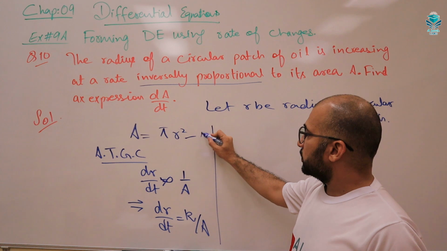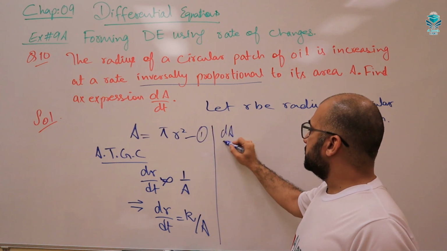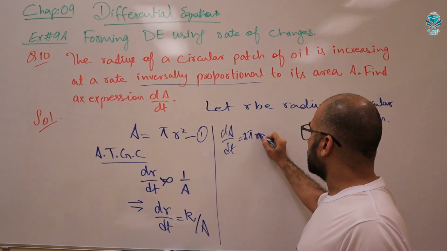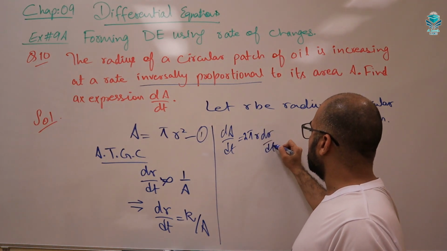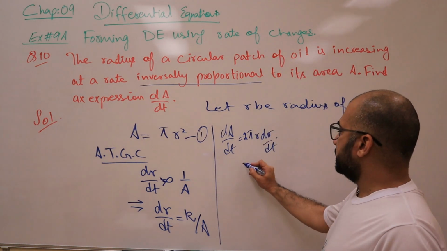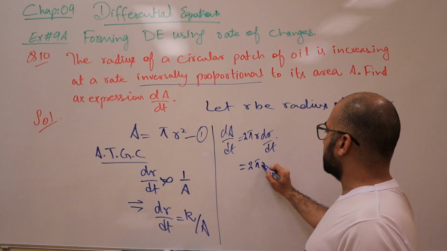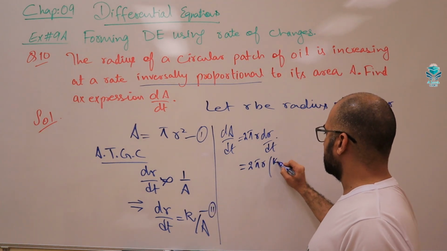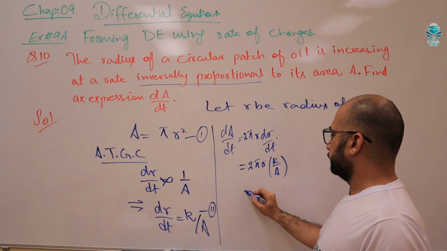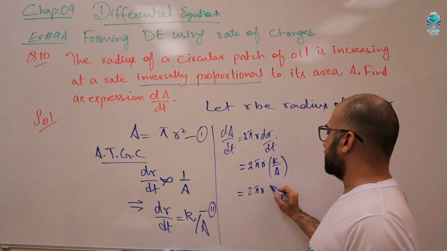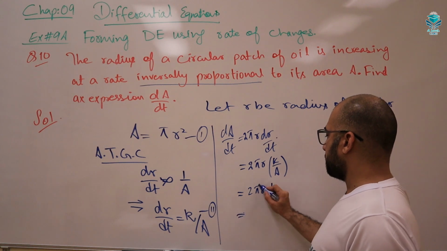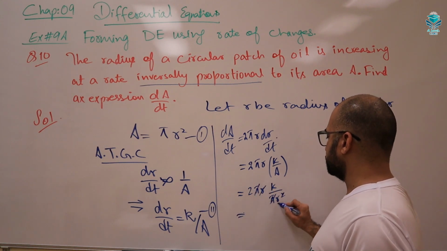So let's say this is your equation 1. dA by dt is nothing but pi 2r dr by dt, that is 2 pi r times dr by dt. What is dr by dt? Let's say this is your second equation, k by A. So you can write here 2 pi r k over A. What is A? Pi r square. Pi is balanced, one r is balanced.